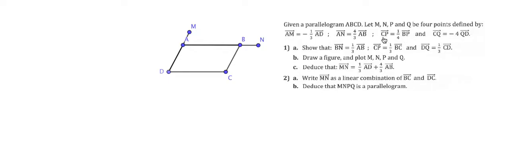That's why it's easier to plot point P to use what we proved in part 1. So vector CP is a third BC. Vector CP and BC have same direction, same sense, and the magnitude of CP is a third the magnitude of BC. BC, CP.